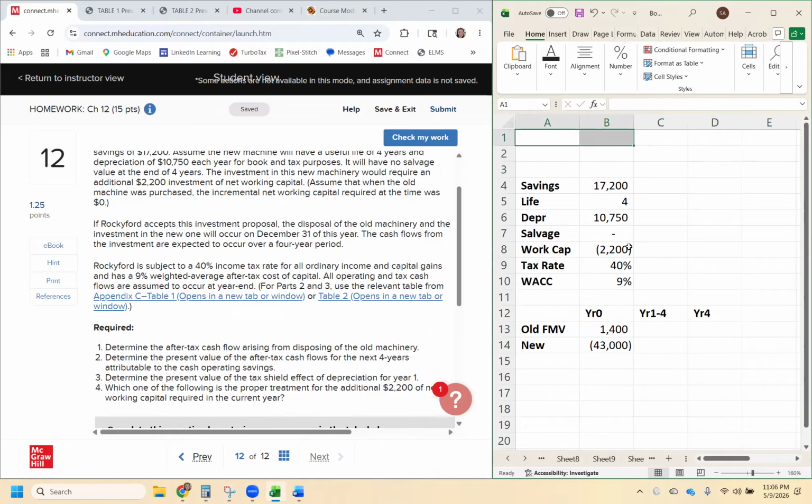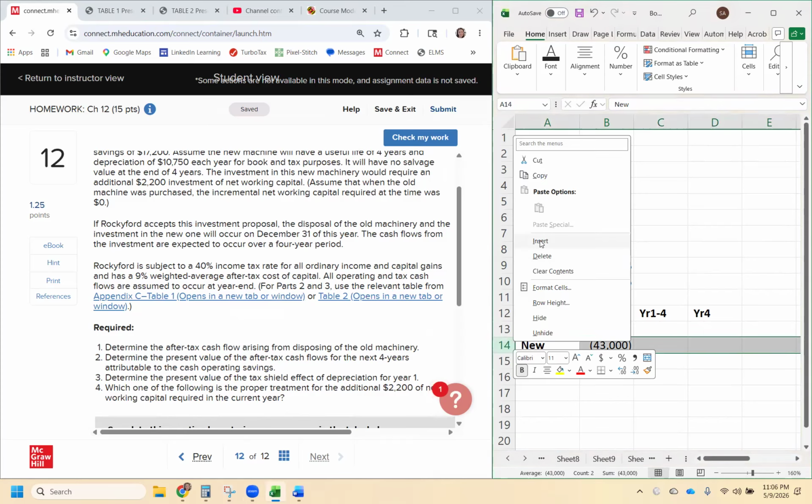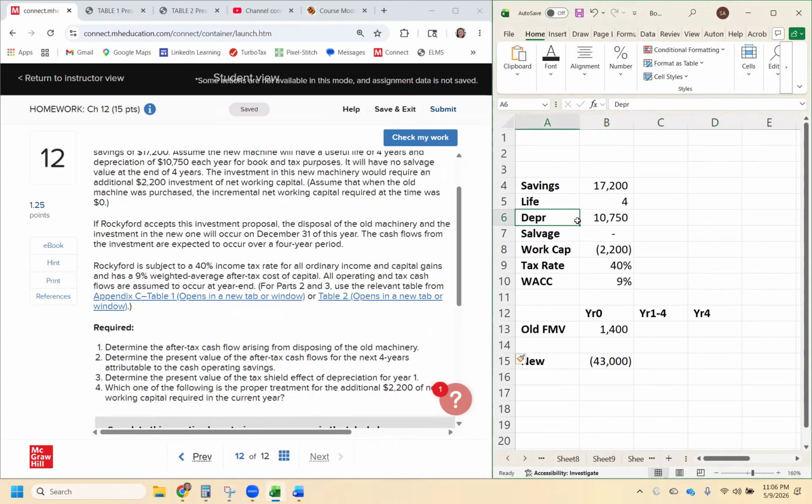Disposing the old net book value doesn't matter. There's no gain or loss on that. Oh, yeah, it is. That means we have to pay taxes on that gain because look, the old net book value is 0 and the fair market value is 14. So this is gain on the old machinery.